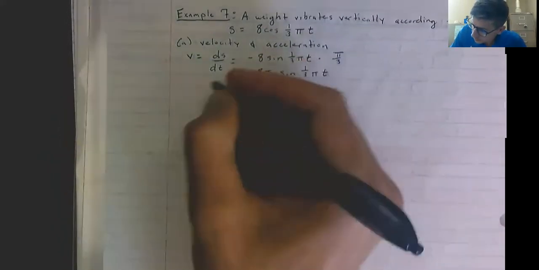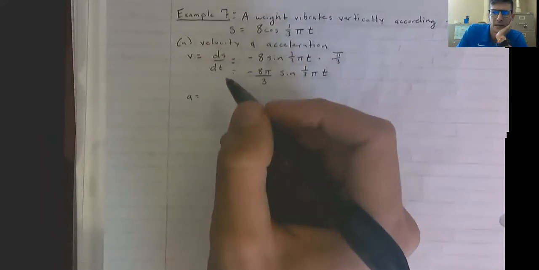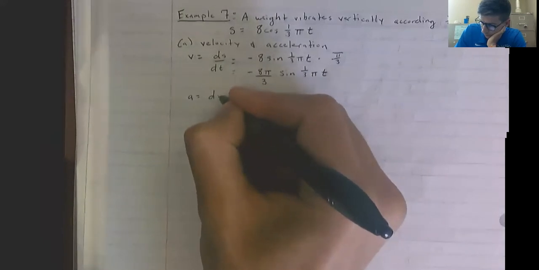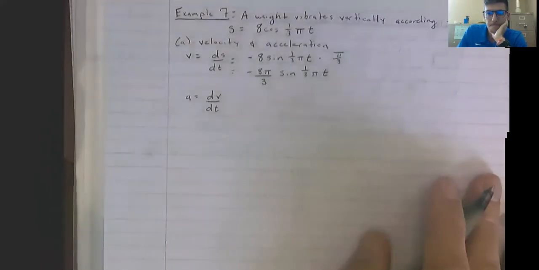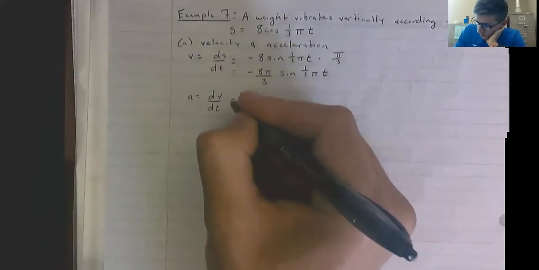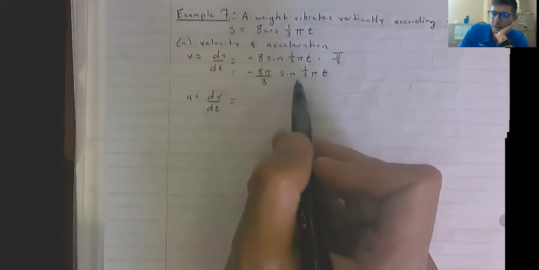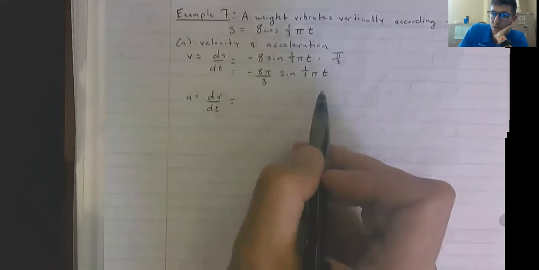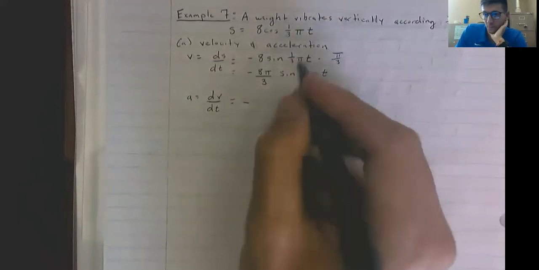So our acceleration is the second derivative, or the derivative of our velocity. I should have said that the other way. The acceleration is the derivative of our velocity, in other words, the second derivative of our displacement. Which means we're going to differentiate this guy now. Still chain rule in effect here. The outer function is sine, which means its derivative is cosine, just regular cosine.